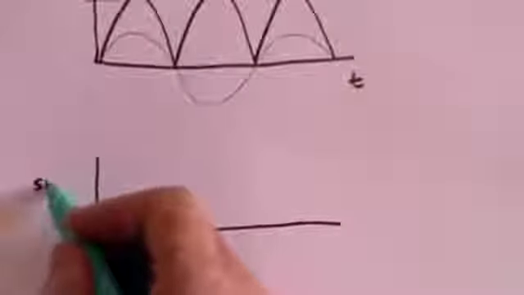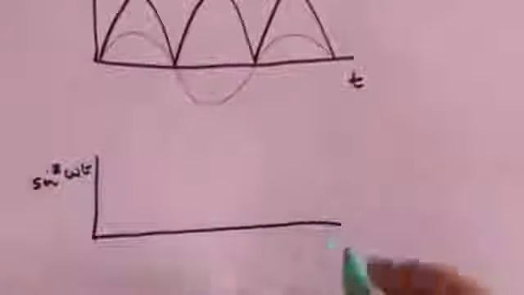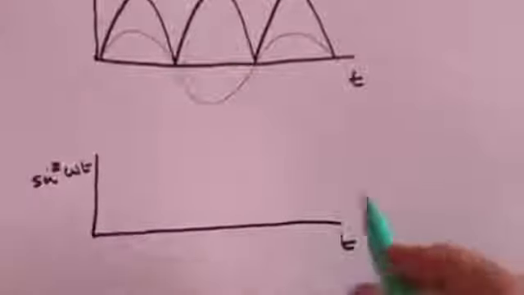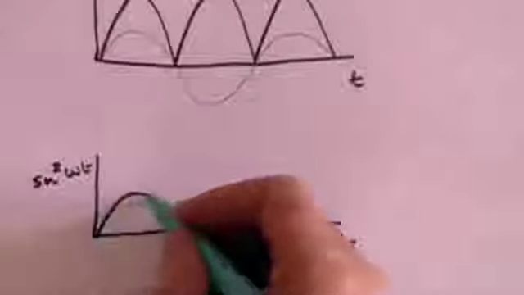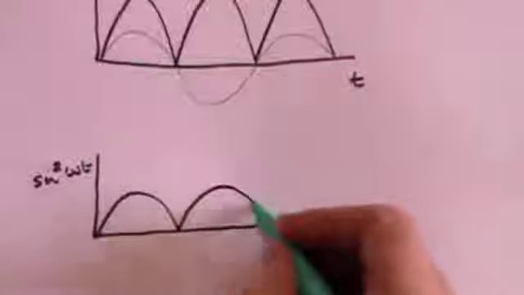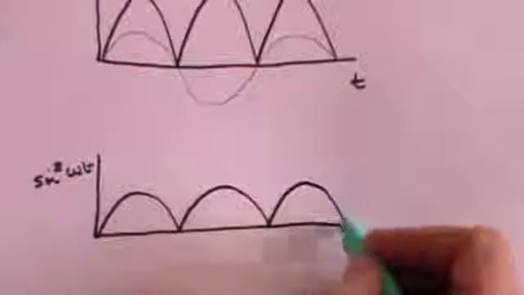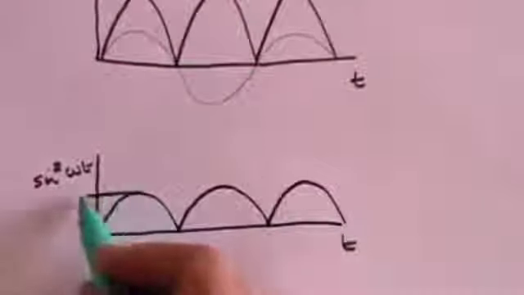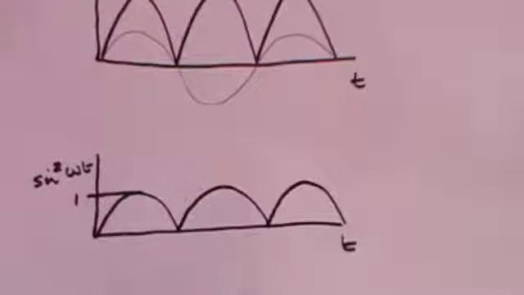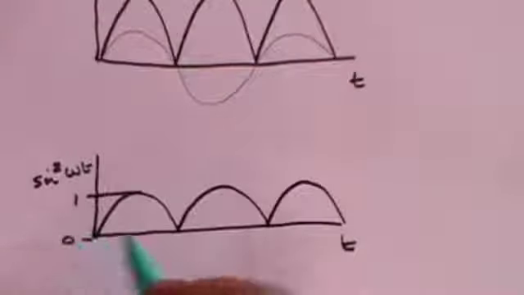So let's just take sine squared omega t against t. And that's going to produce something that looks like that, where the maximum, of course, is 1, because the maximum of sine omega t is 1, so the maximum of sine squared omega t is 1, and the minimum is going to be 0.